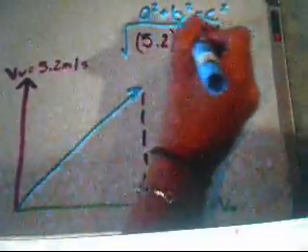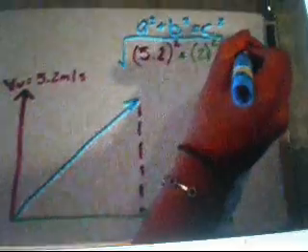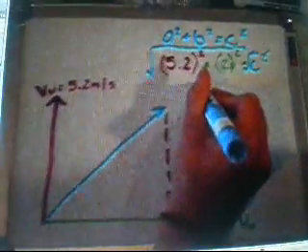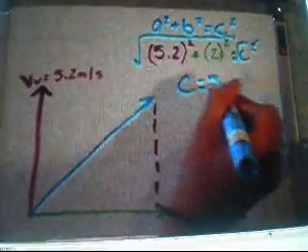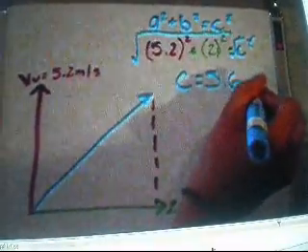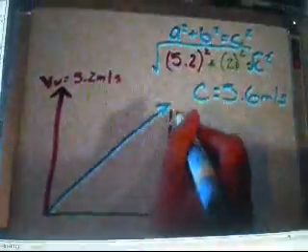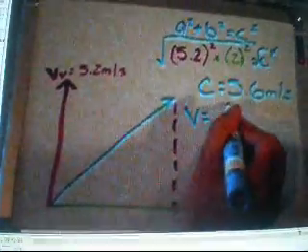You can square root both sides, which then gives C equals 5.6 meters per second, which is the total velocity.